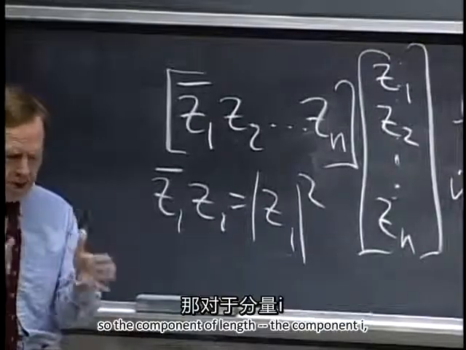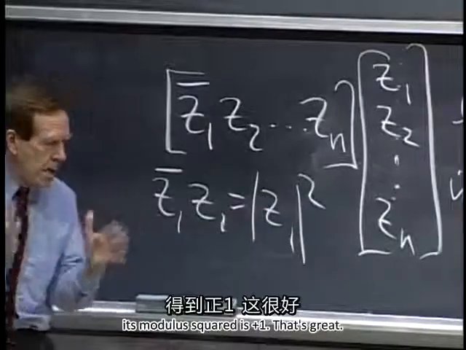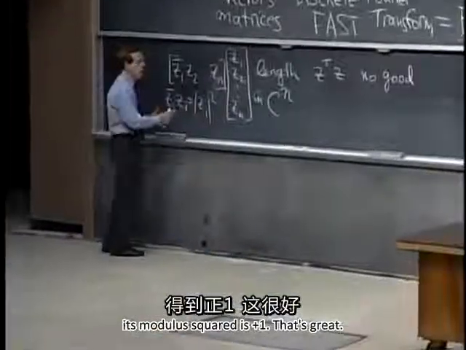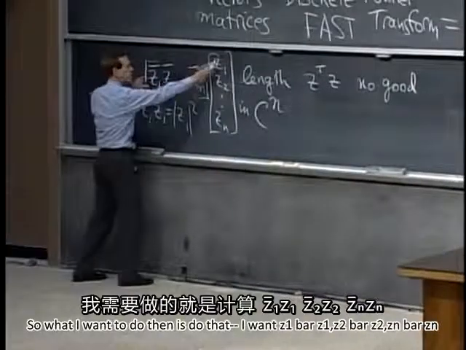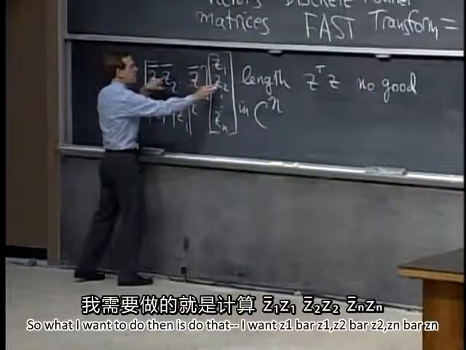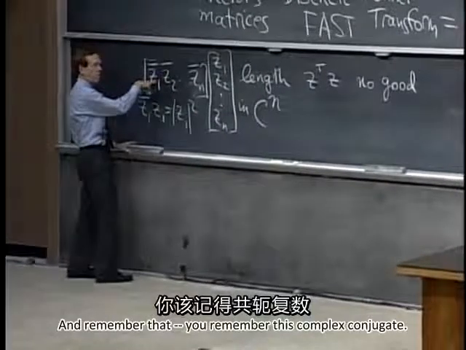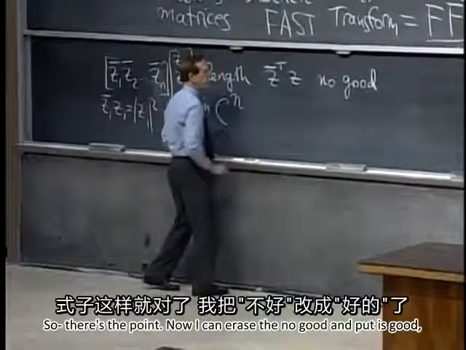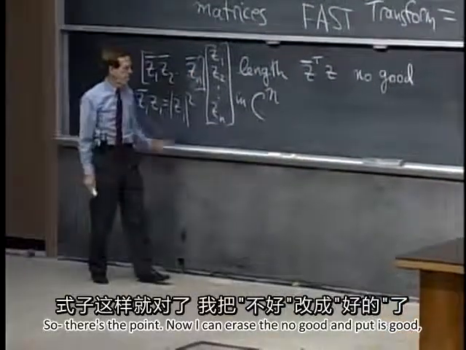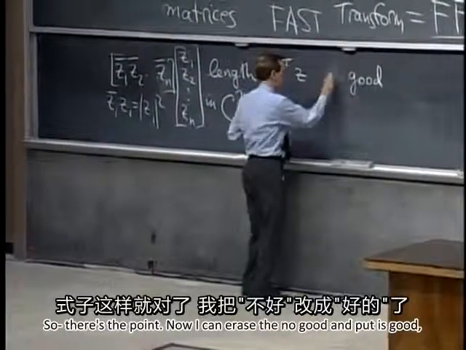So the component i, its modulus squared is plus 1. That's great. So what I want to do then is do that. I want z1 bar z1, z2 bar z2, zn bar zn. And you remember this complex conjugate. So there's the point. Now I can erase the no good and put is good.